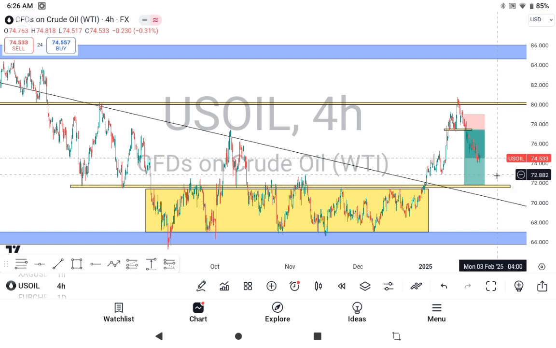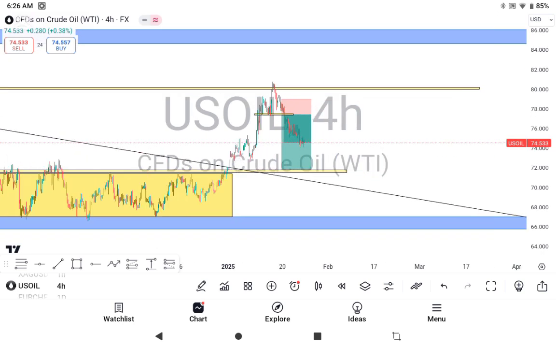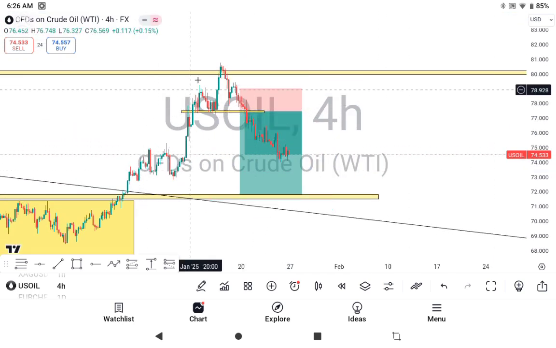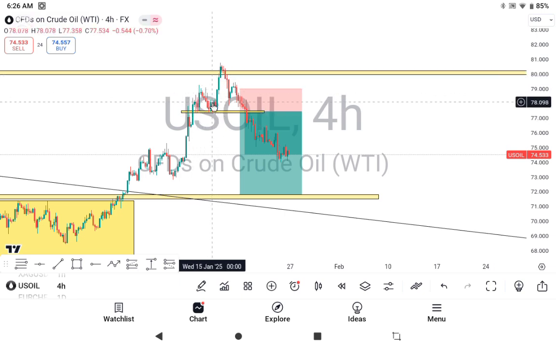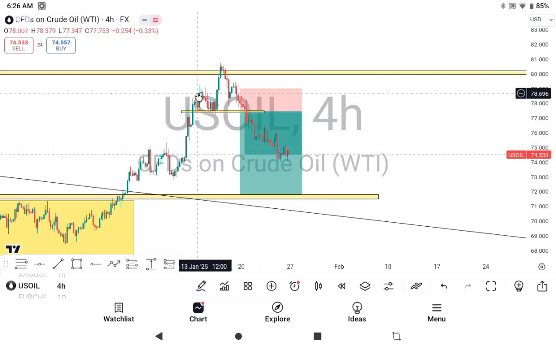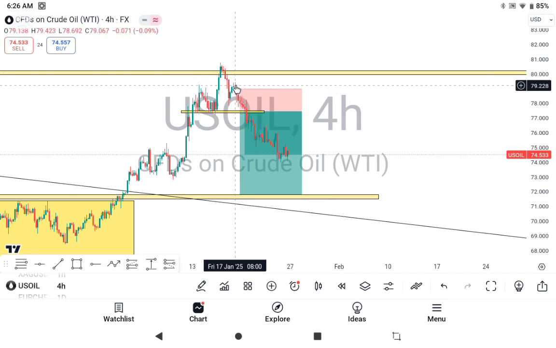Now on the 4 hour time frame, when price gets here, this level rejected that price, and it formed a trend reversal. This is a head and shoulders chart pattern. This was a left shoulder, this is a head, this is the right shoulder, and we have a breakout of it.